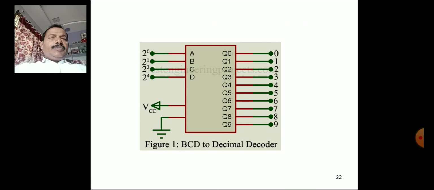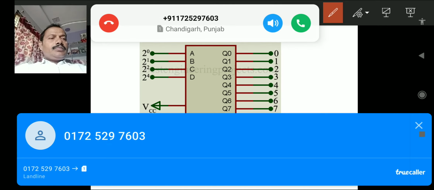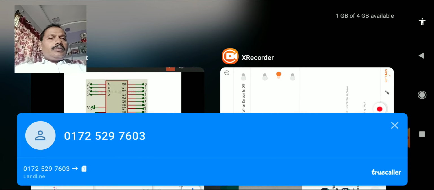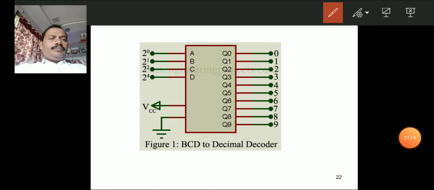Here, let us consider the circuit diagram for the BCD to decimal decoder. The BCD has 4 inputs: A, B, C, D. A is the LSB, D is the MSB. A, B, C, D, BCD code, and it has 10 outputs.